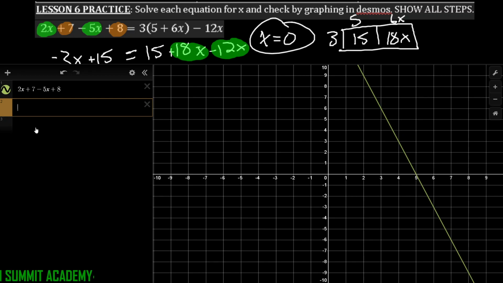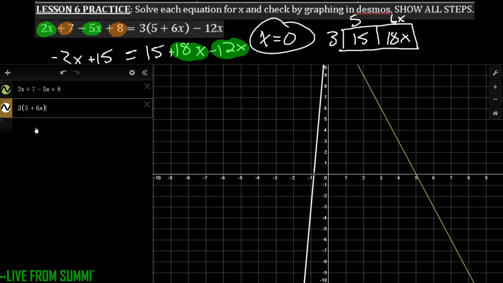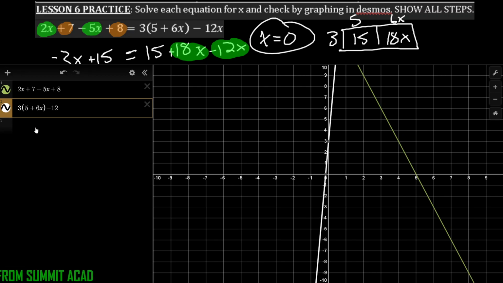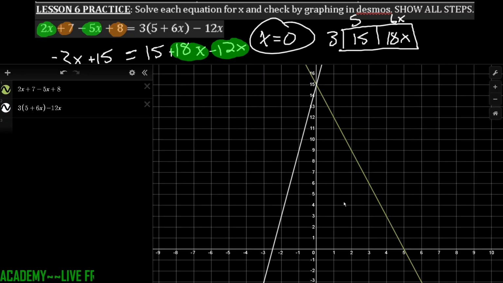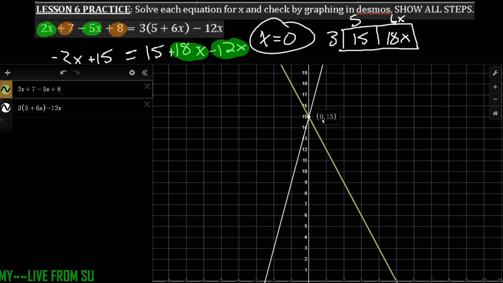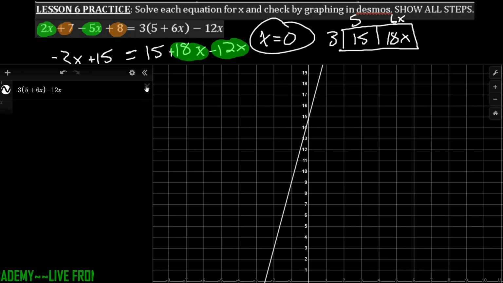Second equation is going to be 3 times quantity 5 plus 6x minus 12x. We got some different lines. Again, you can move your graph around, click and drag, and it's saying, hey, when x equals 0, we have our solution. So be able to move your graph around, be able to find where those two lines meet.